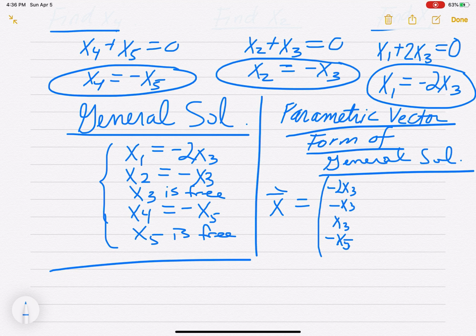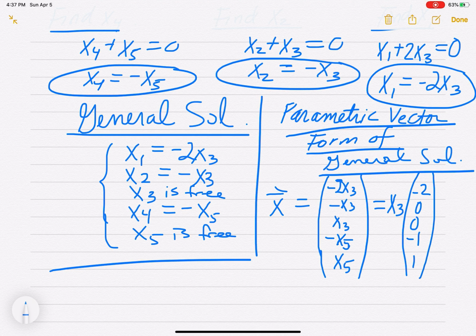Dude is not writing like it's supposed to be. What else? x5. All right, you can factor out an x3 and you're left with negative 2, 0, 0, negative 1, 1. Those are the coefficients on the x3s. No, I missed some of them.